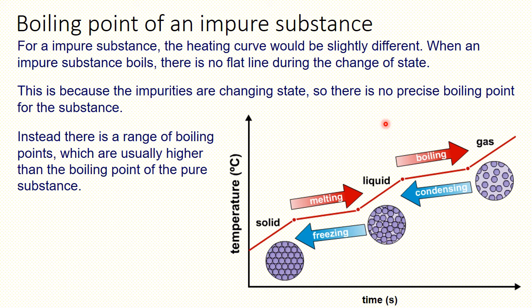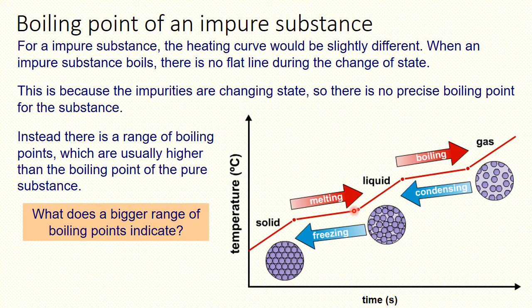The graphs look very similar in that we have temperature increasing while it's in a particular state, but at the change of state, there is a much shallower gradient. That shallower gradient, the fact that it's not zero, tells us that the substance is impure. So we can find out whether a substance is pure or not simply by heating it up and seeing what happens when it is changing state.